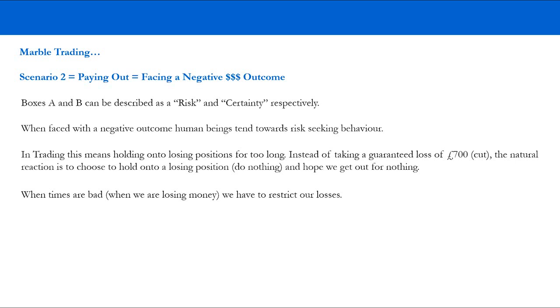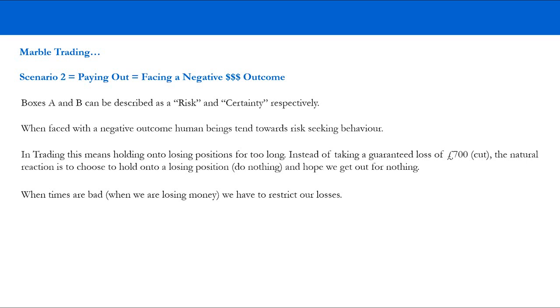But if you do the opposite, in the scenario where you're getting paid, you seek risk, and the likelihood is you're going to make 750. But when you're paying out, you guarantee that you only lose 700, then the likelihood is that over an infinite amount of trades, you're either going to break even or make money.